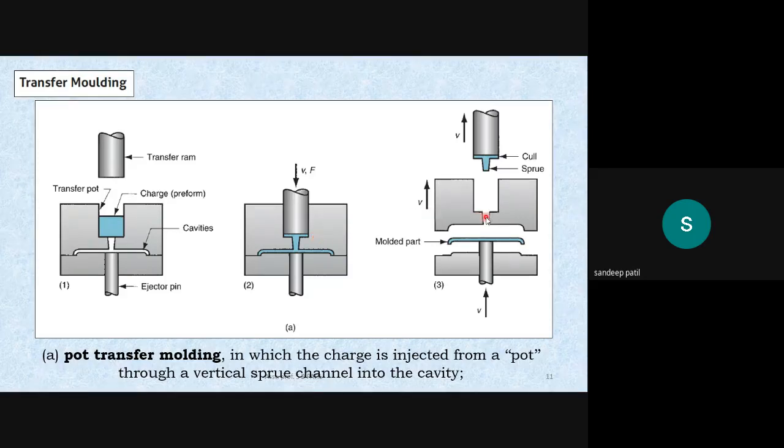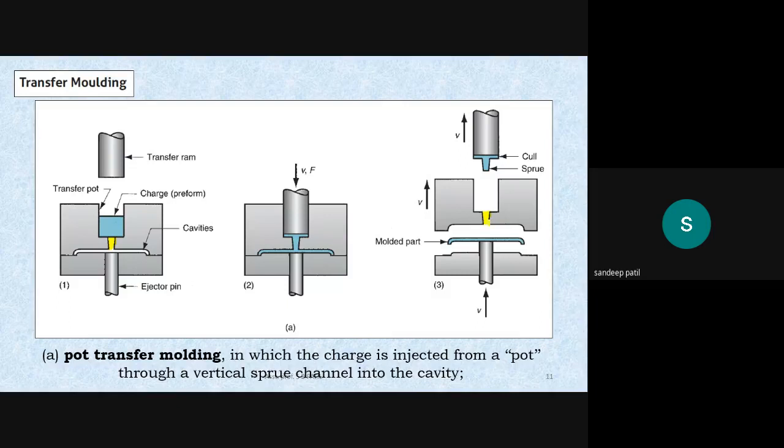Now this part here is called the sprue, the same that we have seen in casting also. Let me highlight it. This is the sprue. This is not a part of your mold.